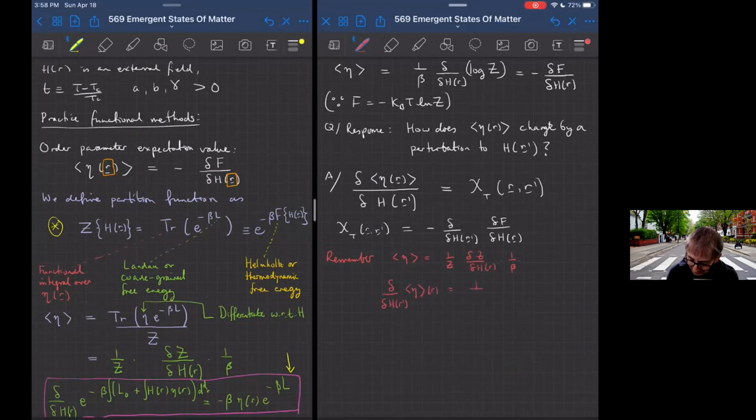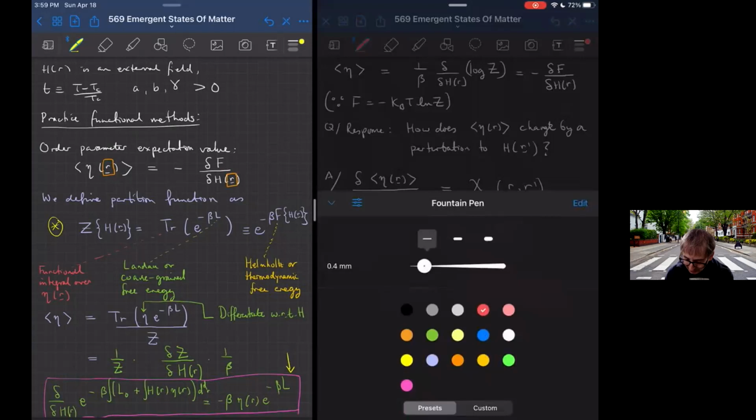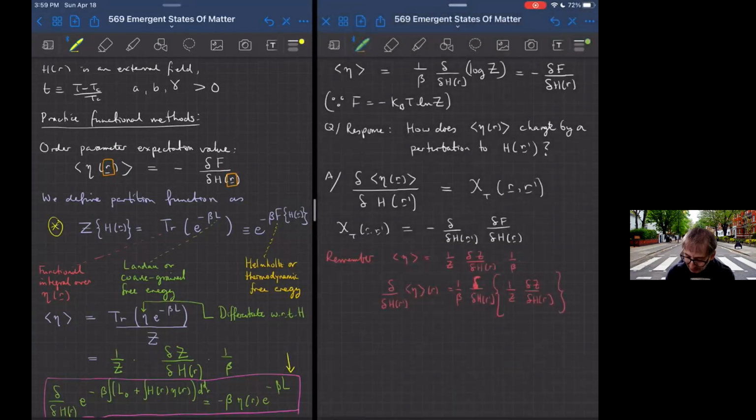And so I've got a d by dh of r prime acting on 1 over z. Let's put that 1 over beta over here, 1 over z dz by dh of r. Okay, so that's exactly what it is. Now look at what happens when I act with d by dh on this.